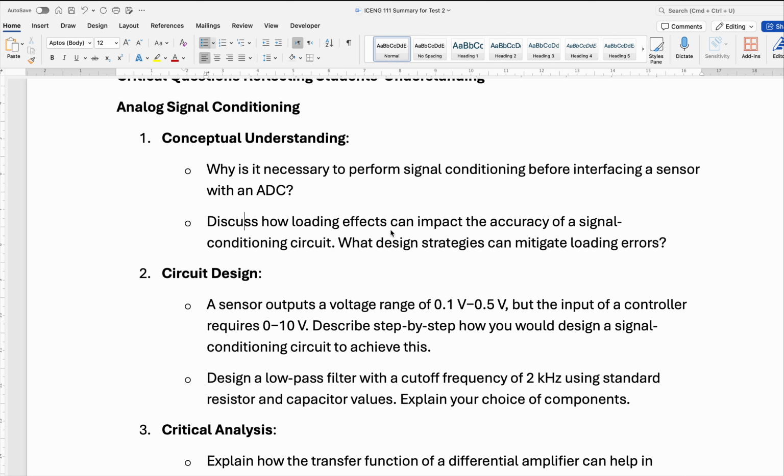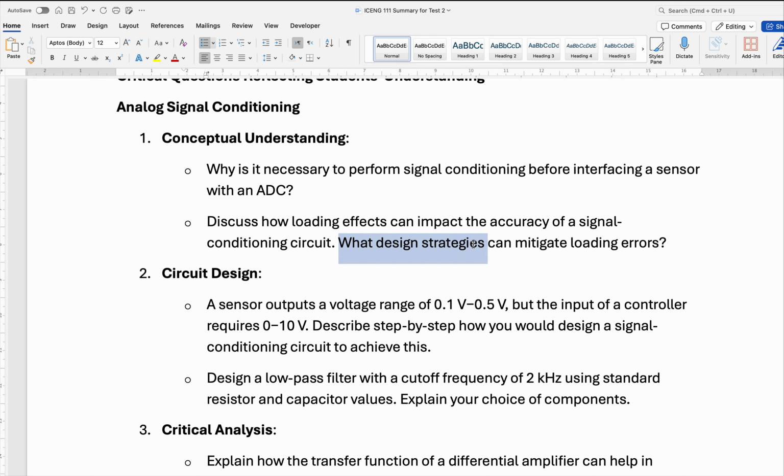Discuss how loading effects can impact the accuracy of a signal conditioning circuit. We know loading effects mean there's an internal resistance which takes part of the voltage, like any divider circuit, and that's why it affects the accuracy of my signal. So instead of 1 volt, I may have 0.67 volts because it's divided between the resistance we have and the loading resistance.